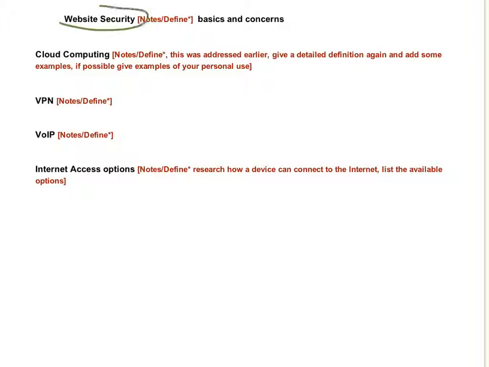Website security. This is really a big deal, especially for people who are writing code that functions on a website. You've got to make sure that's done correctly so it's secured. If you're hiring people to do that, you've got to be aware: do they understand the security issues with a website? The HTML is available to people at a website.